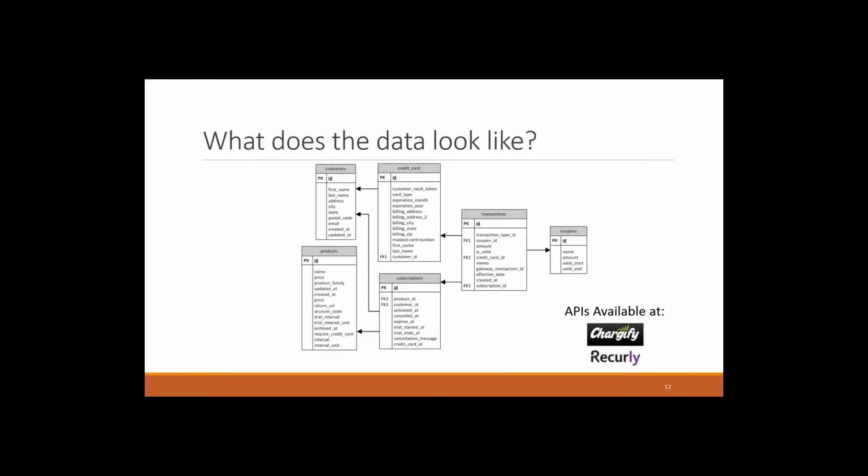So what does the data look like, or what does the typical subscription data look like? I've compiled a relational diagram based on a couple APIs from a couple of third-party collection agencies that deal specifically with recurring billing. And the ones that you'll want to focus on as a subscription-based company are obviously the subscriptions, the products you sell, which could also be services, your customers, no doubt, and lastly, the transactions.